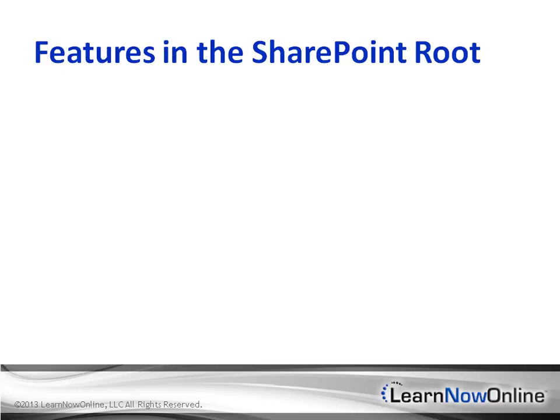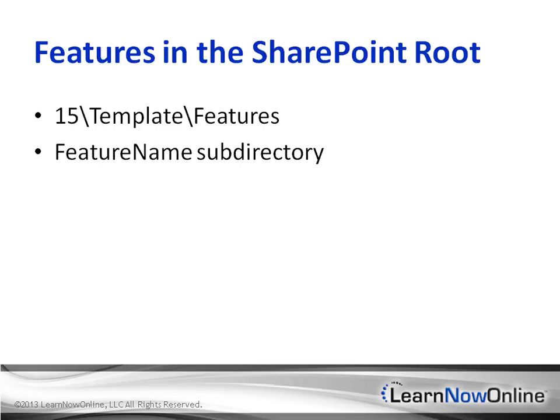The place where features are stored in SharePoint is in the root, in that 15 hive, under 15 template features. The way each feature is organized is that the name of the feature is the name of the subfolder underneath the features folder.